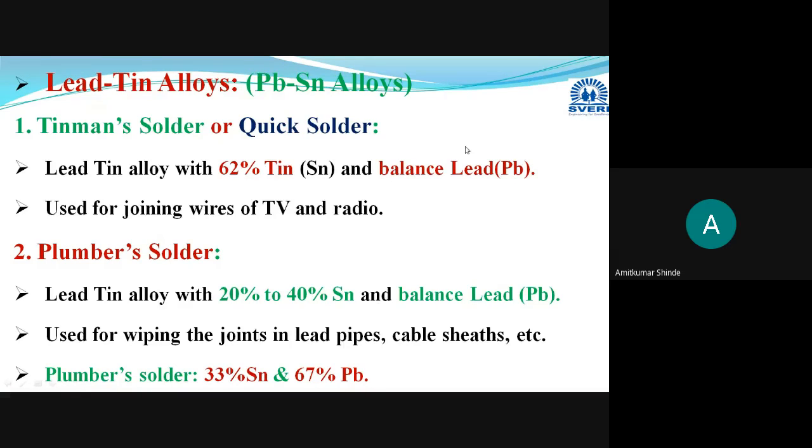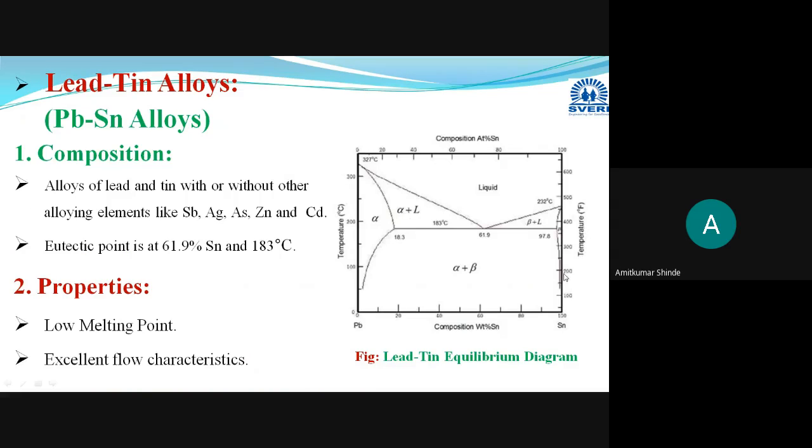Now it has a very low melting point. If you refer to your equilibrium diagram, 62% tin is approximately equal to 61.9, which means its melting point is very low, that is 183 degrees Celsius.